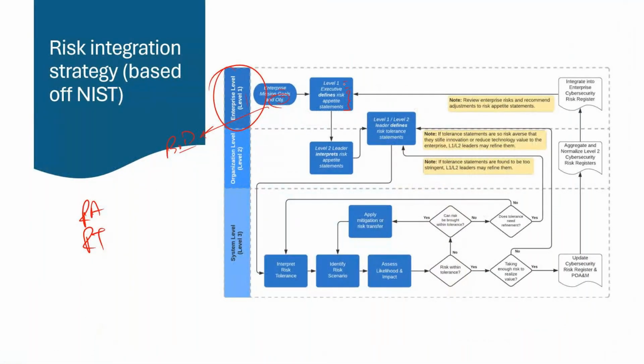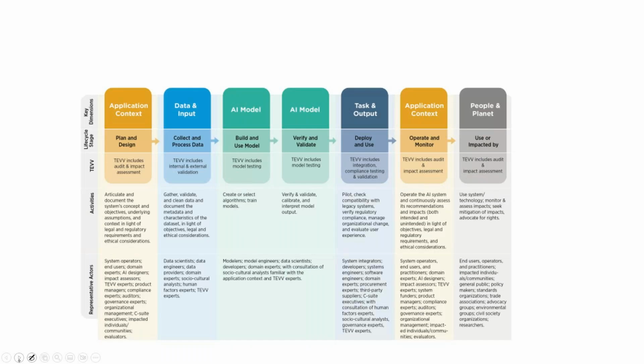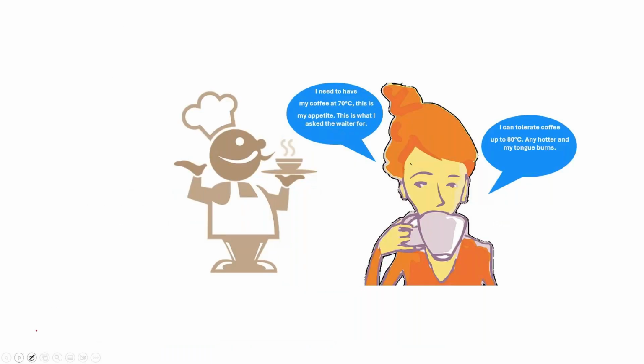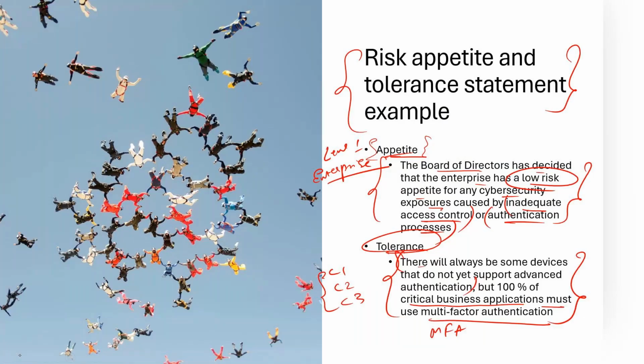So if I go back here, now that level 1, which is really the executives, has defined the risk appetite and risk tolerance statement, it would go to level 2. Level 2 is the organization level. It could be entity specific, location specific, project specific, it could really mean anything, right? And they would be interpreting the appetite and the tolerance statement that we have here.